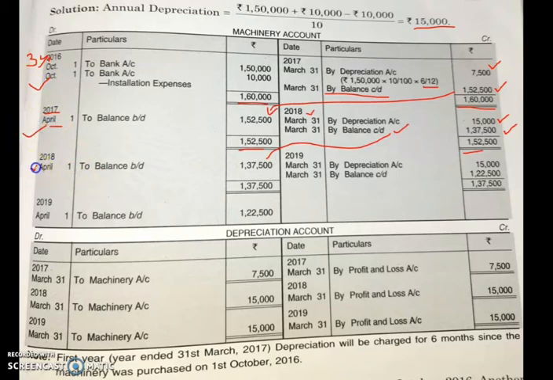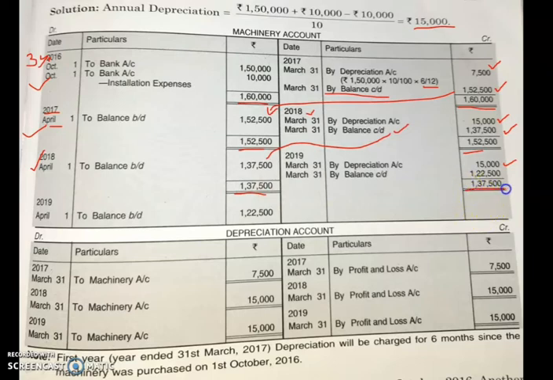Now the last year you are asked to prepare 3 years, so third year. To balance brought down 1,37,500 by depreciation. It is coming again 15,000, because it is straight line method. You have learned that every year you will charge 15,000 on this machinery. So again make a total 1,37,500.